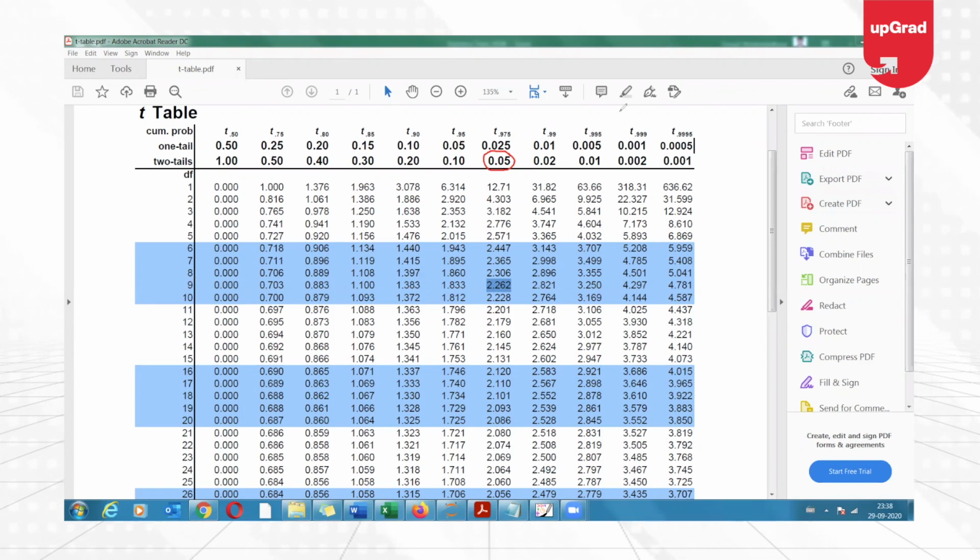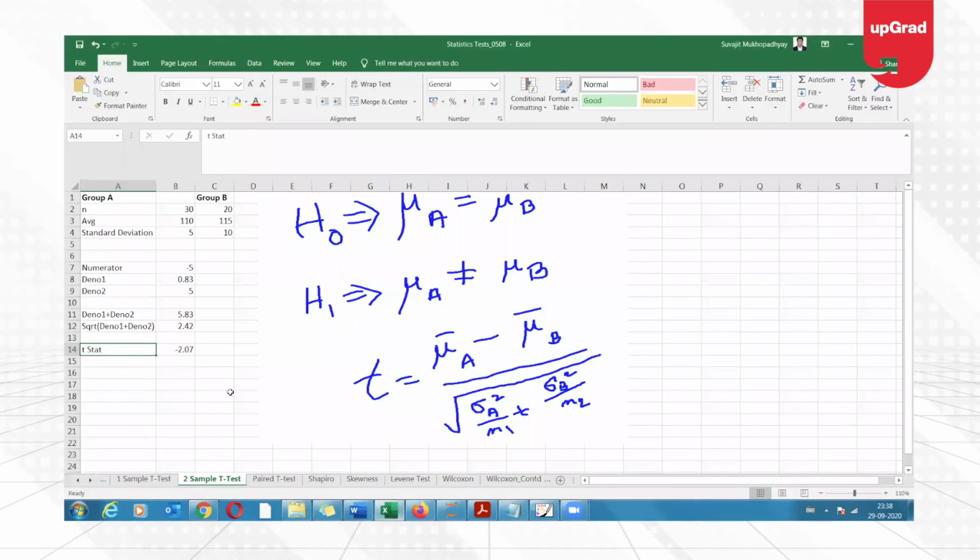Here let's see how many records we have actually. So here we are dealing with, for my bigger case, n is equal to 30, and here it's n is equal to 20.